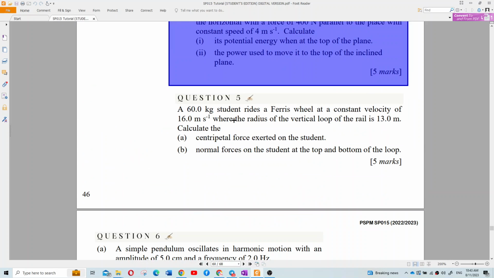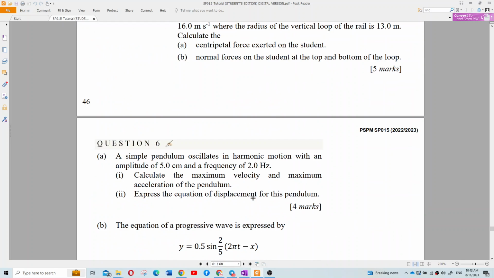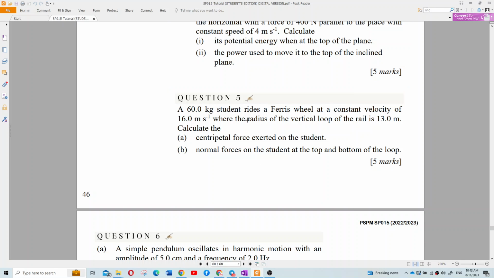Wow, this one, radius and force. Okay, do you want to go a bit further? Question 5, class? Do you want to go a bit further for question 5? So maybe question 5, just a while.